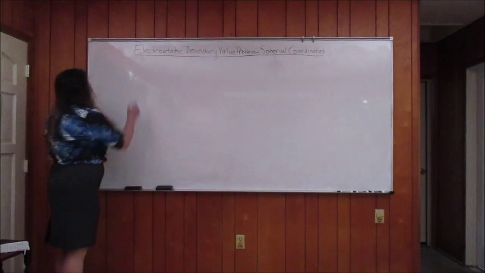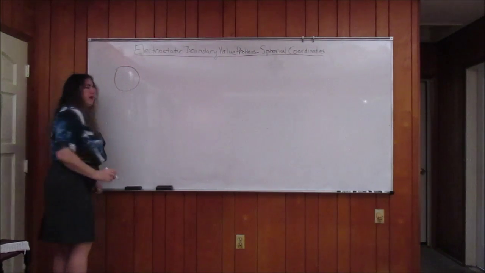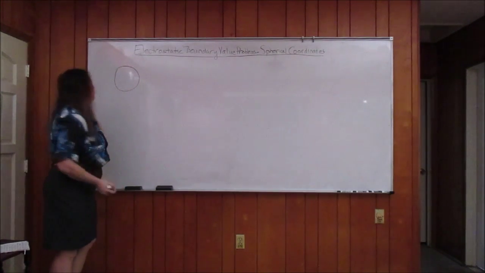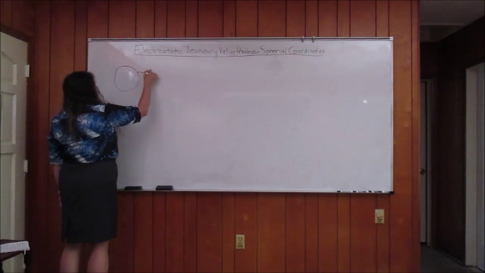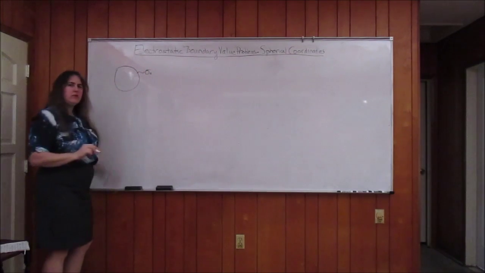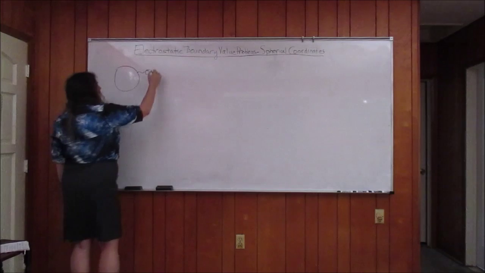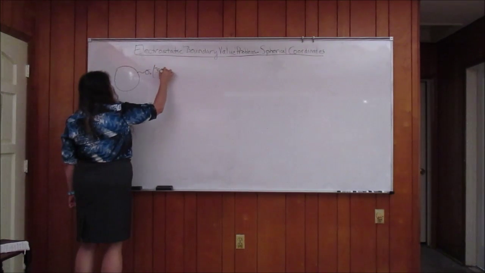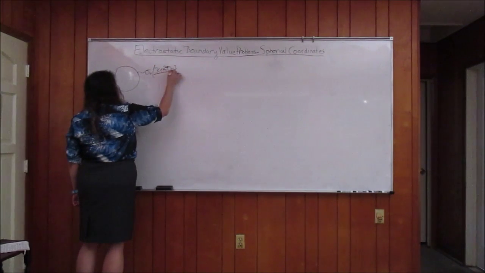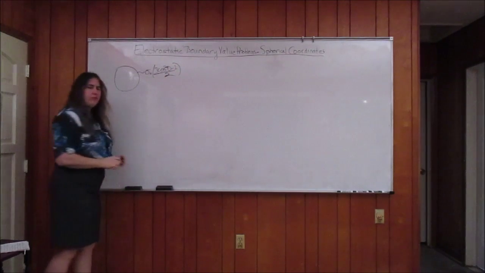The next problem I'm going to work through is, let's suppose that you have a sphere, and this time you're told what the surface charge density is. Let's suppose that you stick on the surface charge density sigma naught times (3 cosine squared theta minus 1) over 2.